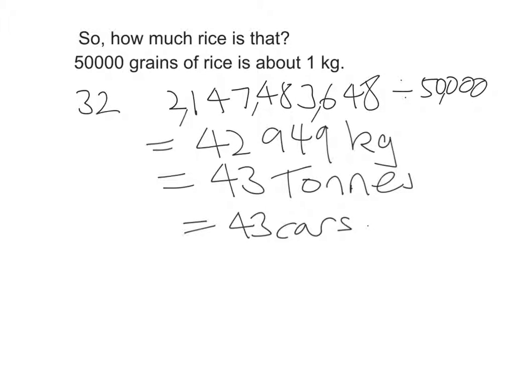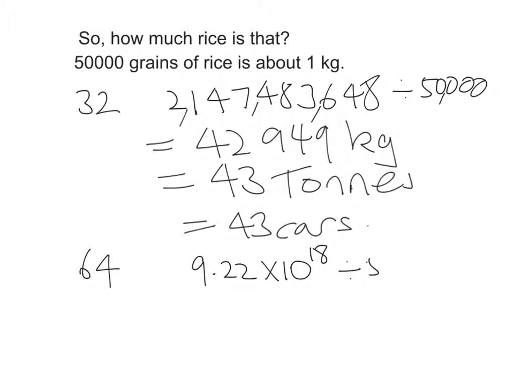Now let's look at the 64th square. The 64th square had 9.22 by 10 to the 18 grains of rice. Remembering, of course, that that's 9 million, million, million grains of rice.